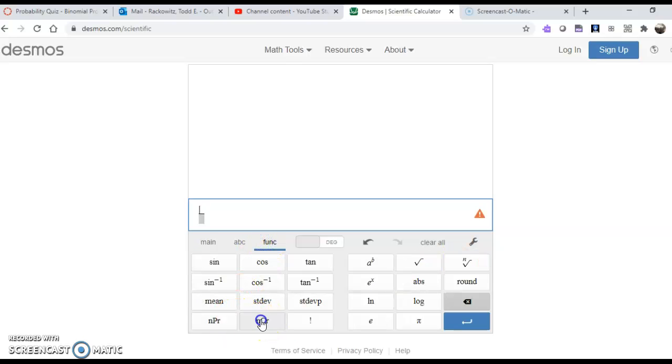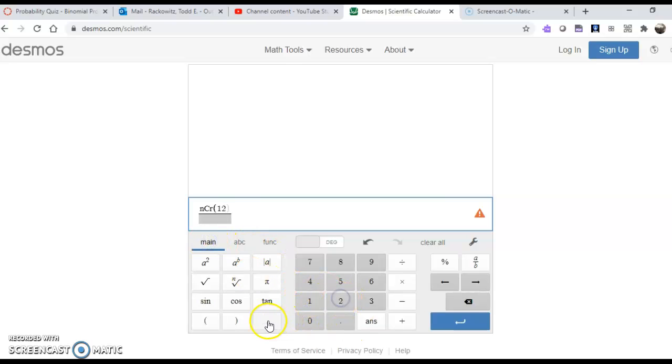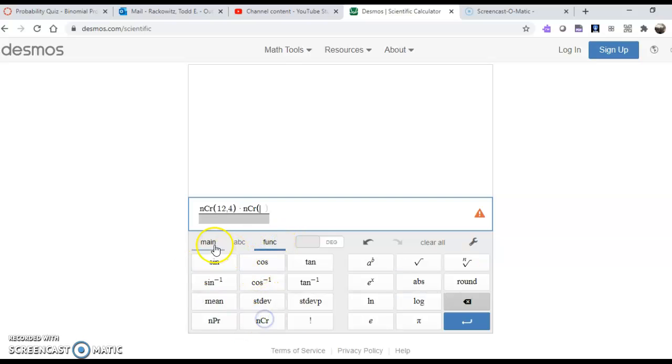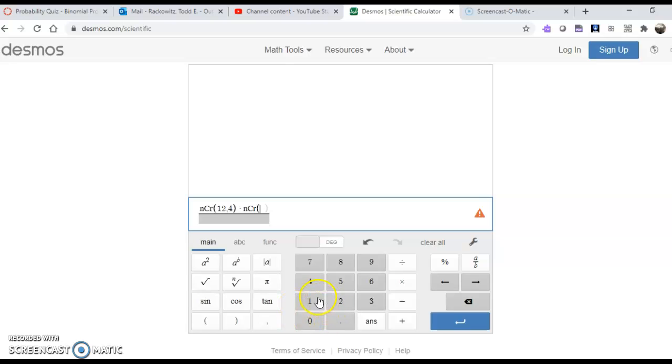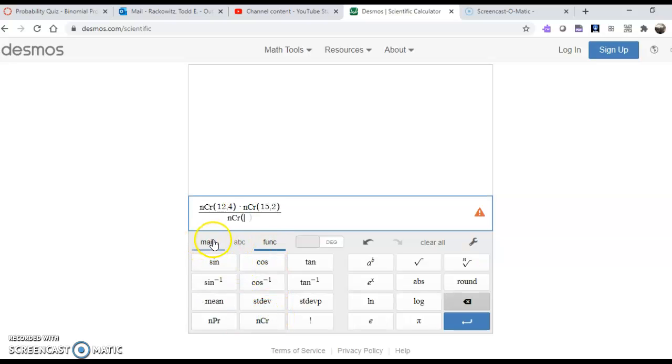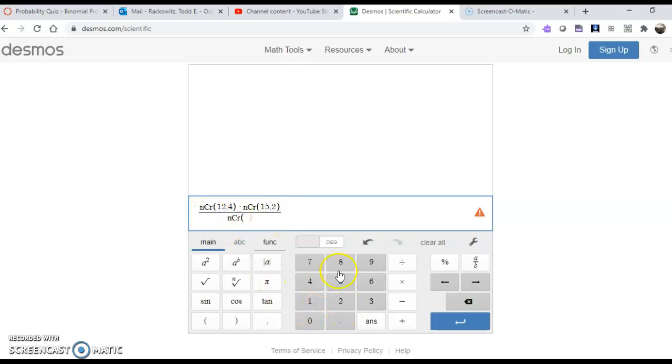You want to choose 12 choose 4 times the other choose, 15 choose 2 students there. And the denominator, choose the 12 and the 15, that's the 27 students. And 4 and 2 is the group of 6. So the probability is 0.1756.